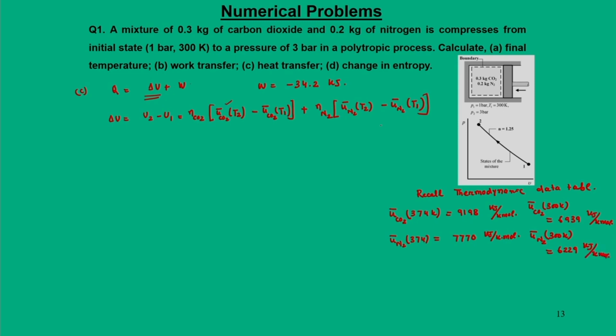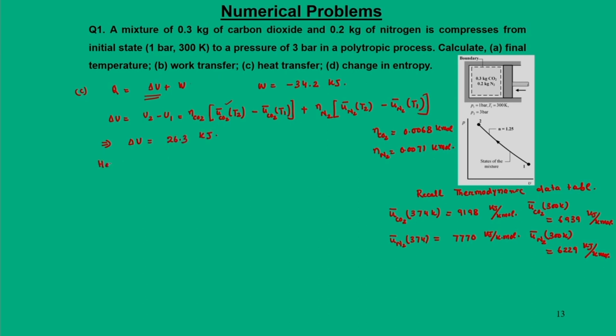We already know N CO2 is 0.0068 kilomole and N N2 is 0.0071 kilomole. With all the data, we get delta U as 26.3 kilojoule.